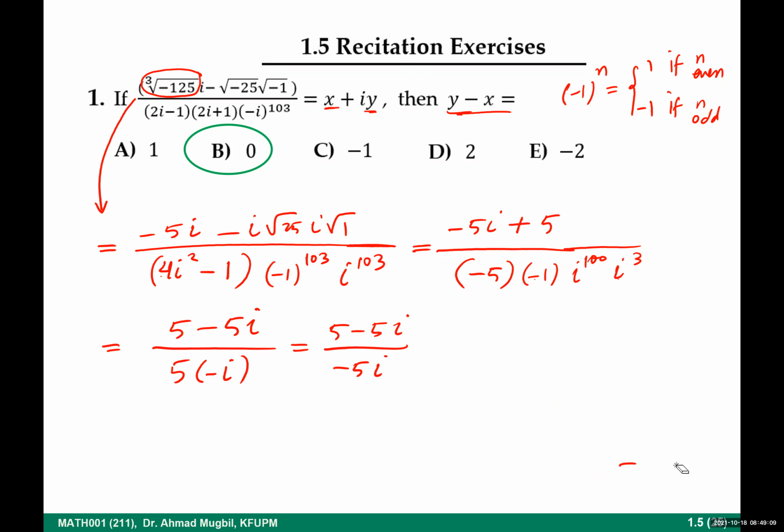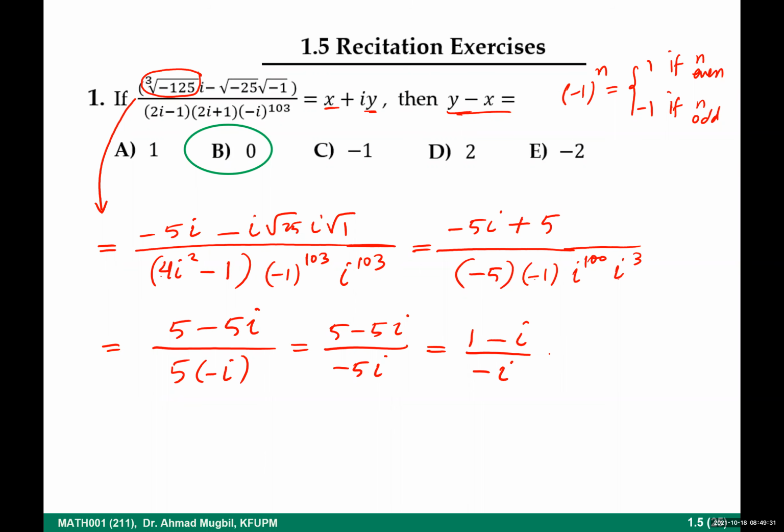How to simplify this? Take 5 as a common factor in the numerator and cancel it with the 5 in the denominator. You will have 1 minus I over negative I. Do you see what I did? I just factored out 5 in the numerator and cancelled it with the 5 in the denominator, just to simplify the calculations. You can do it without this step.